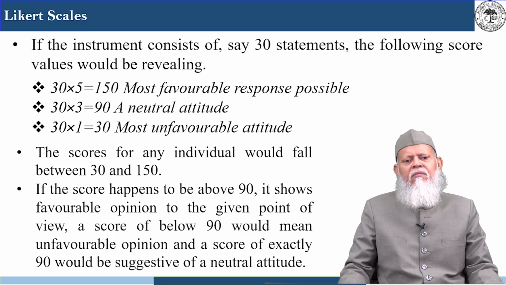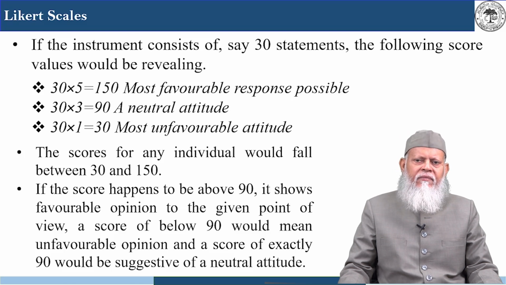Whereas the most neutral attitude would be 30, where the students are unable to decide which side to take. The most unfavorable attitude would be where the scores from the respondent total to 10, because we had 10 statements and a scale of 1 to 5, 5 most favorable, 1 most unfavorable.